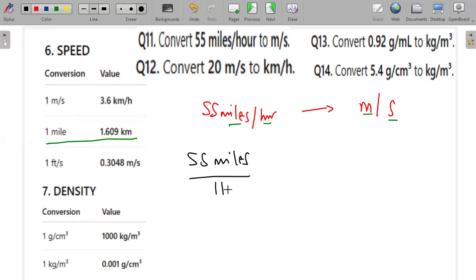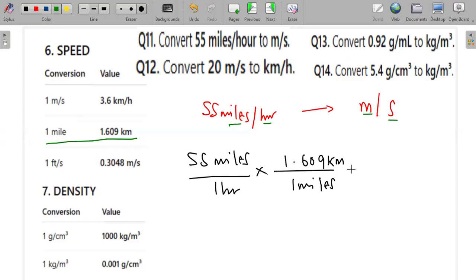So I'm going to write this as 55 miles divided by 1 hour. To convert these miles to the meters, I'll first convert them to the kilometers using this conversion factor. Since the miles are on top, I'll write them down here, and on top I write 1.609 kilometers.